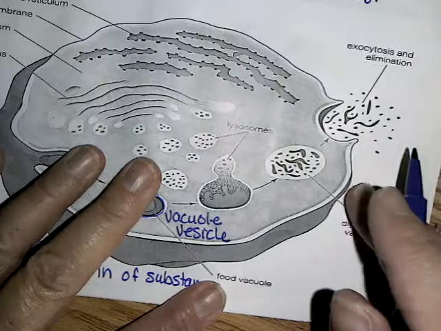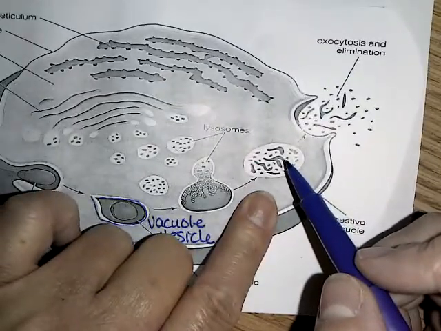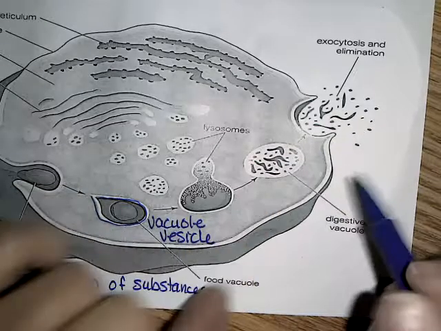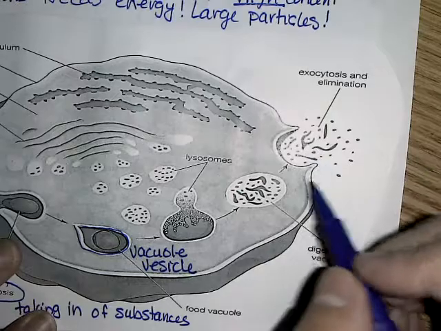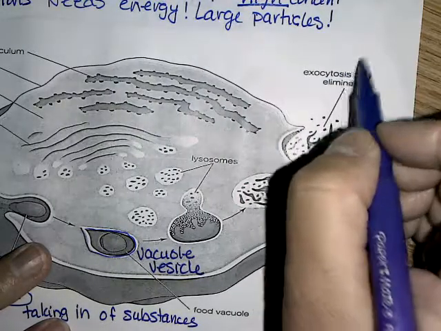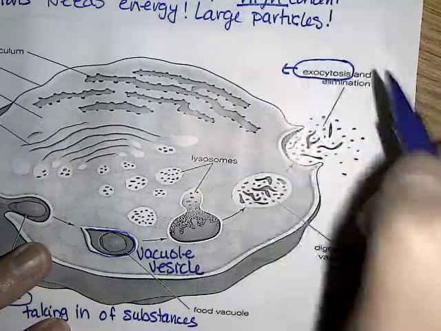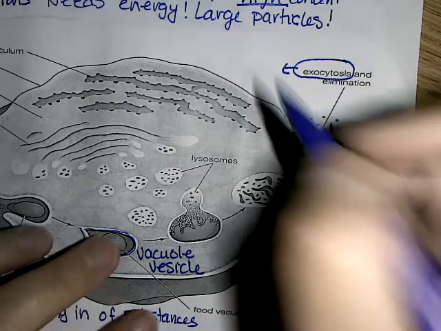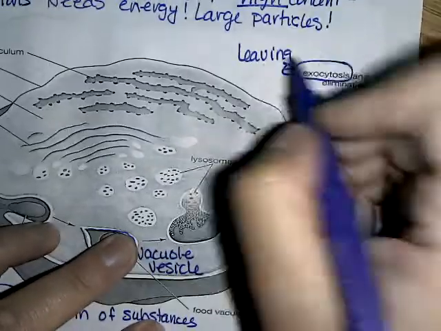It's going to digest what's left, and then eventually that cell's going to say, hey, you got to go. And it's going to take it and move it, and it's going to let it go. And that out is called exocytosis. Exo, think of exit. Exo is leaving the cell.